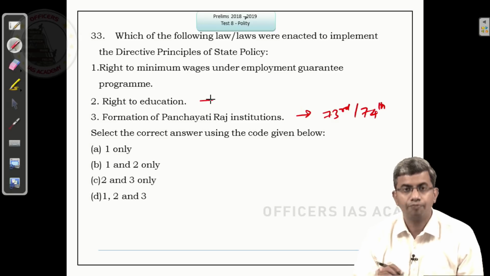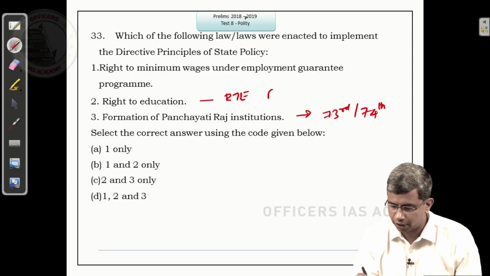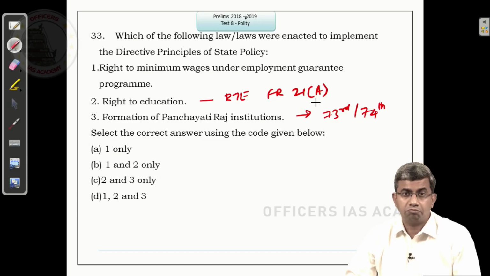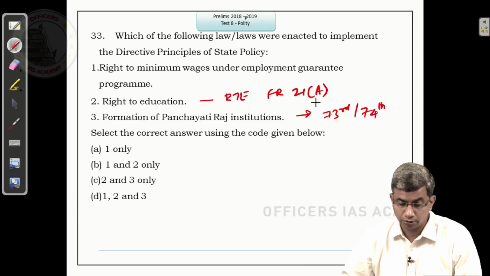Right to education is to give effect to the right to education, which is a fundamental right under Article 21A. So strictly speaking, as of now, it's no longer related to the directive principles.